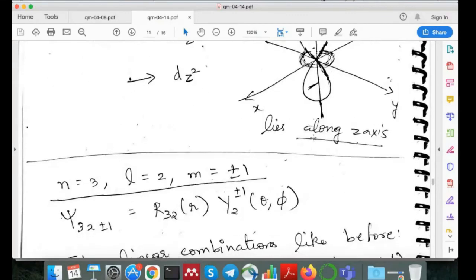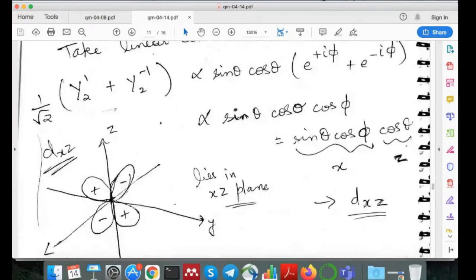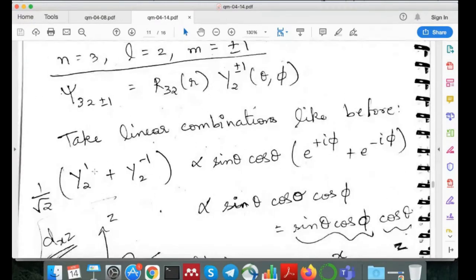Then we have n equal to 3, l equal to 2, m equal to plus or minus 1. For m equal to plus or minus 1, again we do linear combinations: Y21 plus Y2,-1 and Y21 minus Y2,-1. The first, Y21 plus Y2,-1, turns out to be proportional to sine theta cos theta into e power i phi plus e power minus i phi, which comes from this addition.